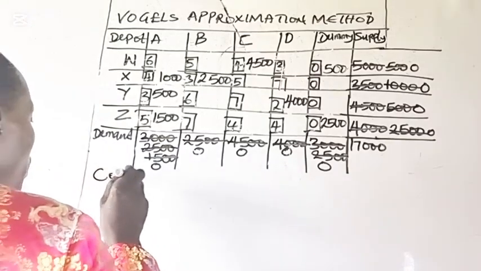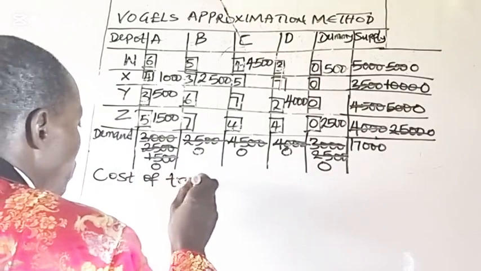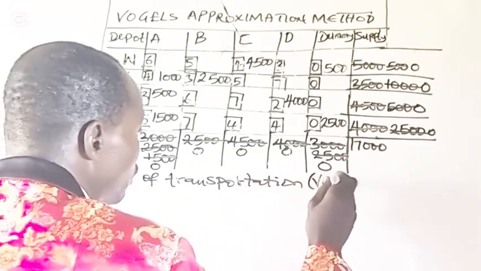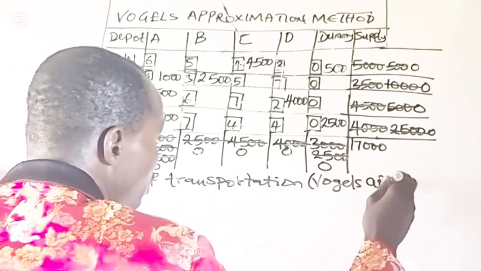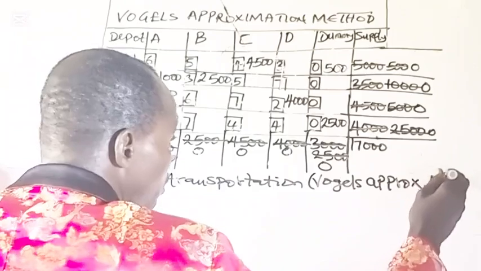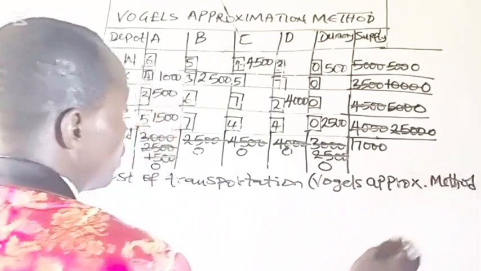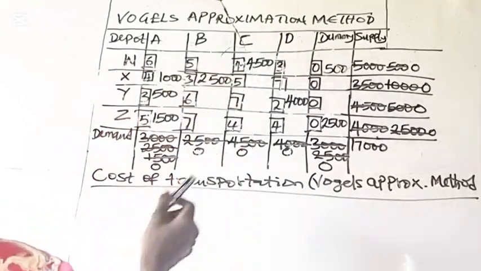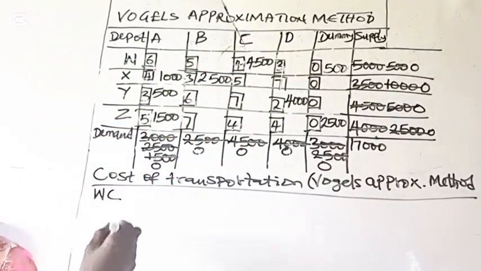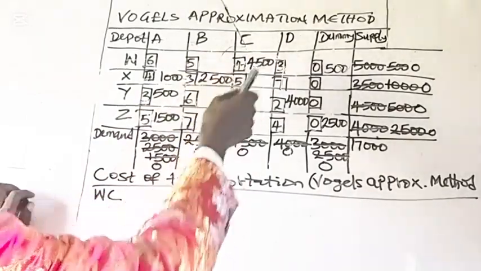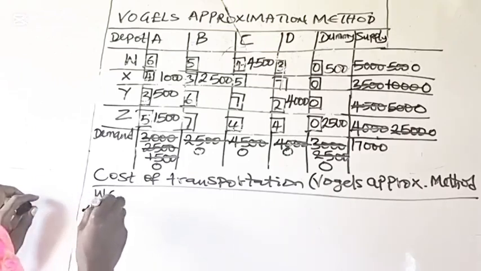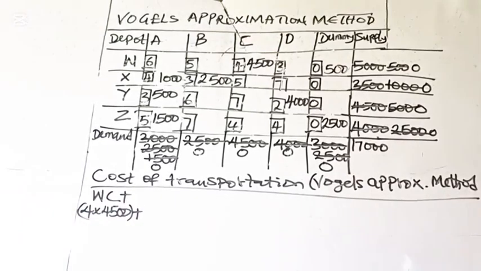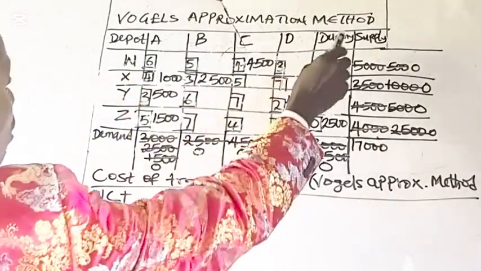Cost of transportation using Vogel's approximation method. So you have WC, and we have 4 times 4,500, plus, after WC, you have W dummy.